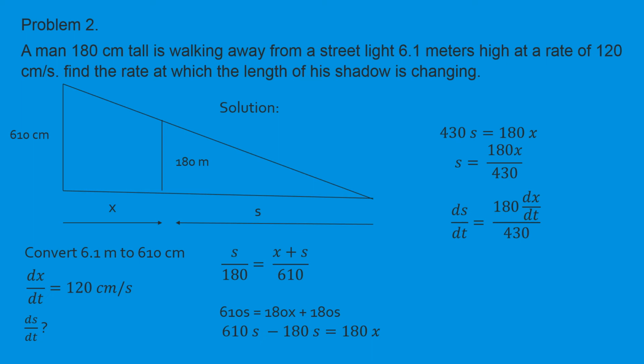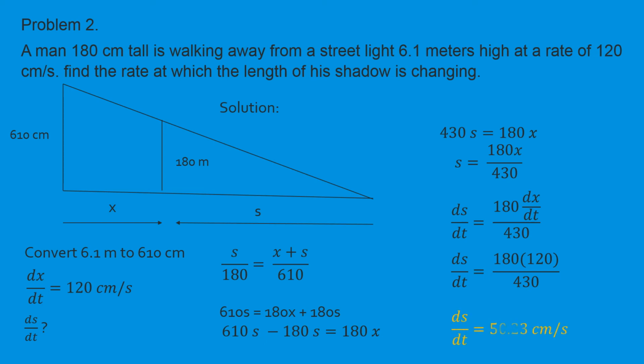So at this time, we can now use the value for dx over dt, which is 120 cm per second. Okay, so we have here 180 cm multiplied by 120 cm per second over 430.